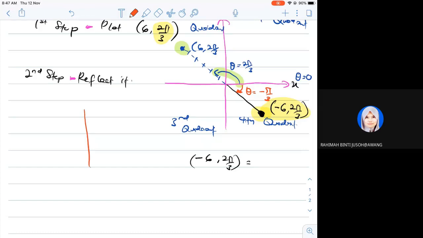In polar coordinates, anti-clockwise orientation means the angle is positive. But if you have clockwise, the angle should be negative.